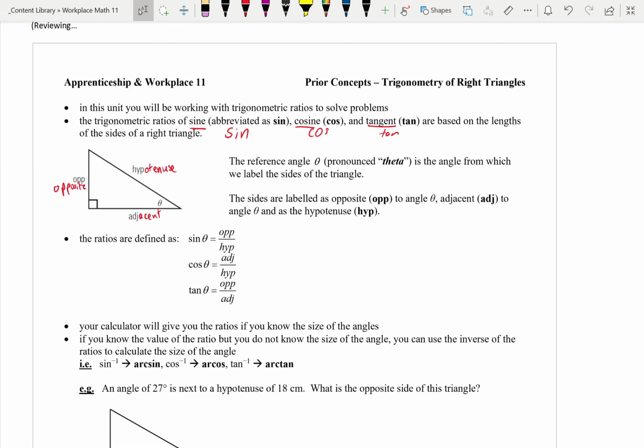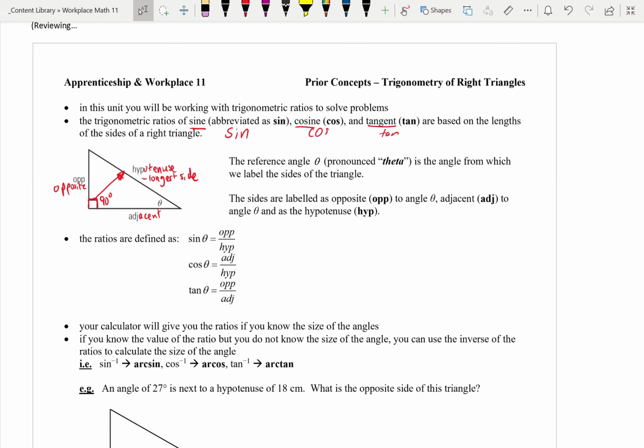The labeling is somewhat particular because we're not always going to see triangles this way, but the key bit is this is our 90-degree right angle right here. It'll always have this little box. Key thing to note is if I go across from my right angle, I'm always going to encounter my hypotenuse. As a reminder, this is my longest side. So it's always going to be my longest side.